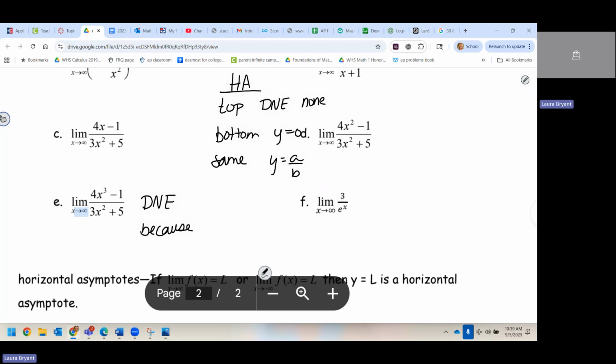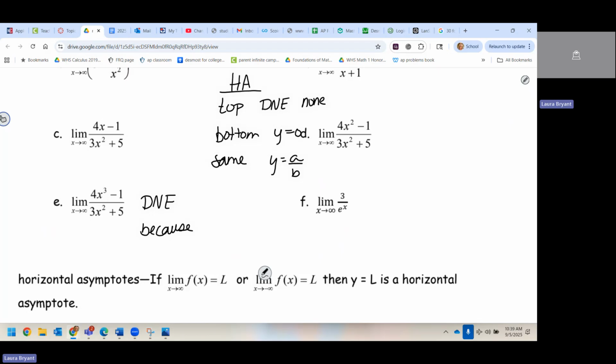I just need to know the signs. So if I plug infinity in up here, I'm thinking like 4 times a really big number minus 1 would be positive. And then 3 times a really big number plus 5 would be positive. So my result is positive infinity. And you only have to verify that when you've got something that's top heavy, because all the rest of them are either just 0 or the number.